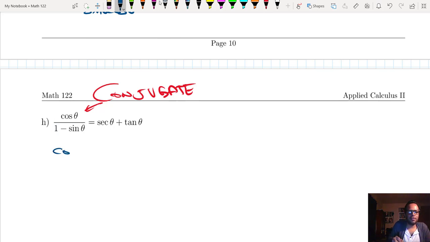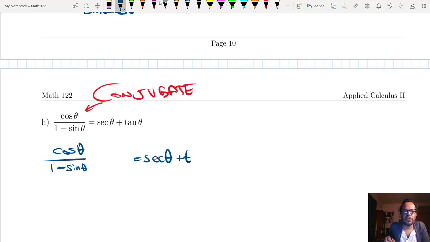So, cosine theta divided by 1 minus sine theta equals secant theta plus tangent theta.